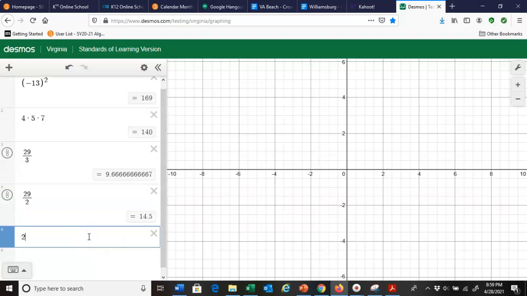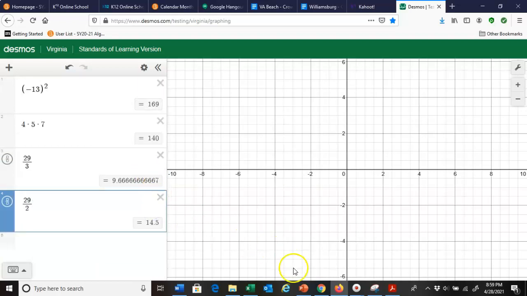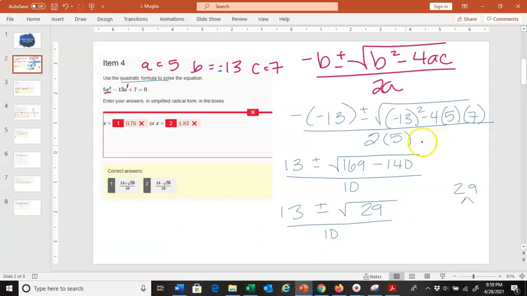I think 29 is prime. Yep, 29 is prime. There are no other factors of 29. That means it's reduced as far as it will go. So these are your two answers, 13 plus root 29 over 10 and 13 minus root 29 over 10. Anytime they're asking you to use that quadratic formula, this is what you're going to do.